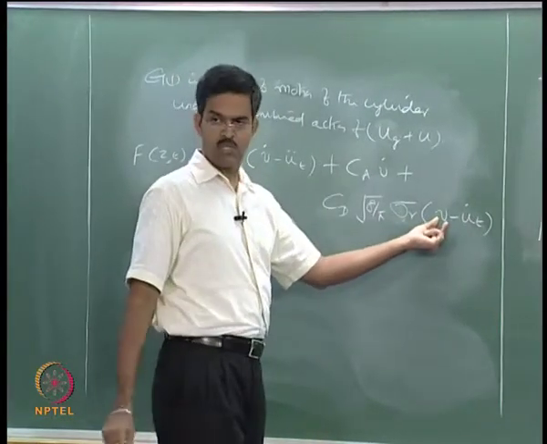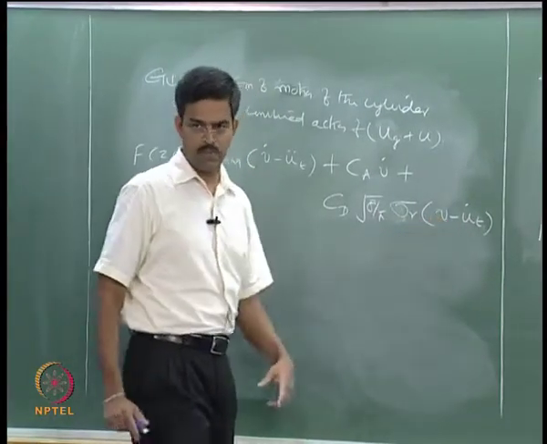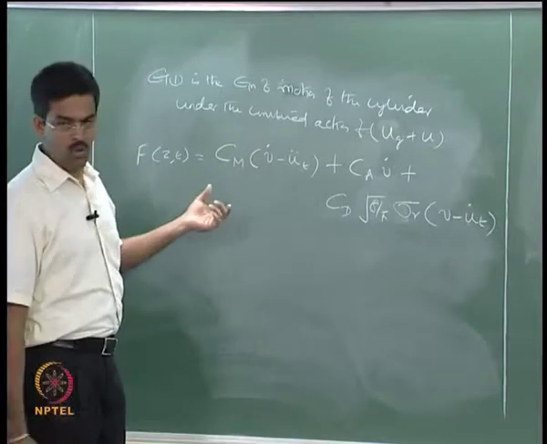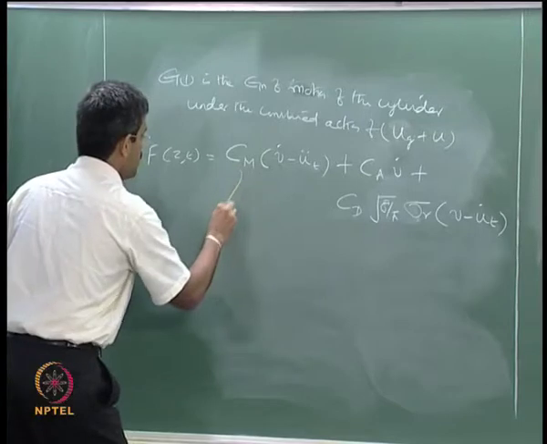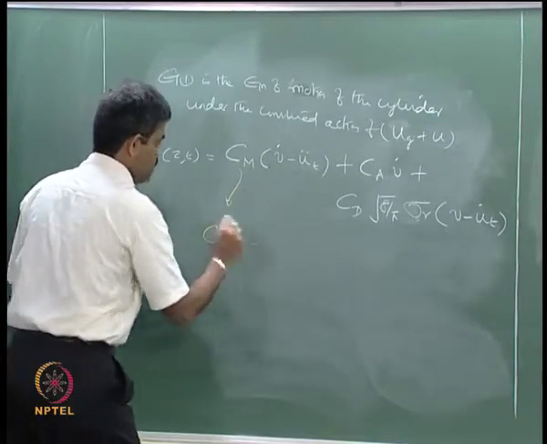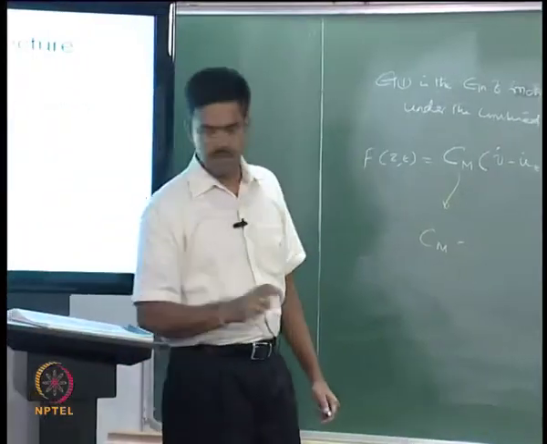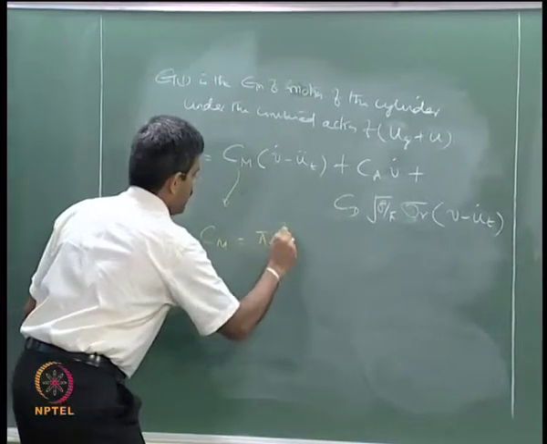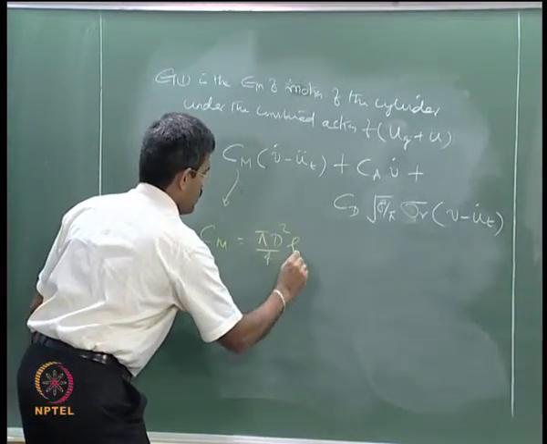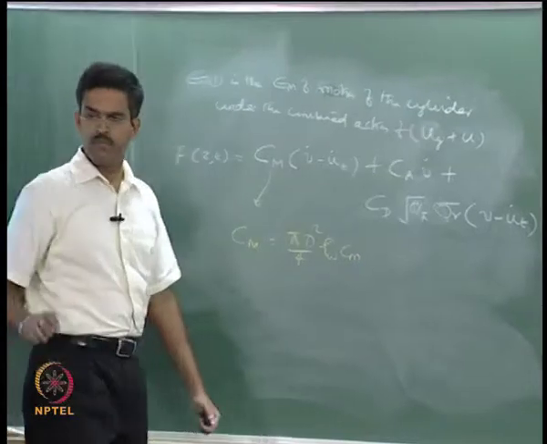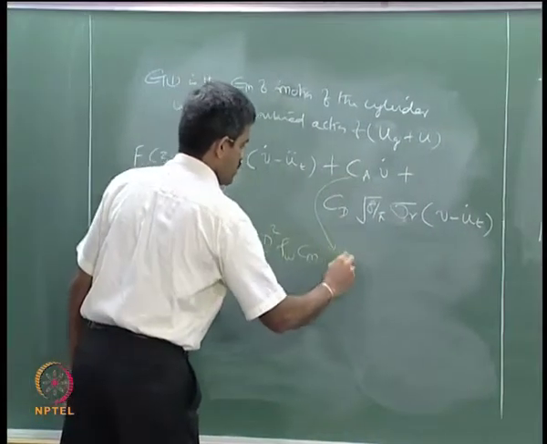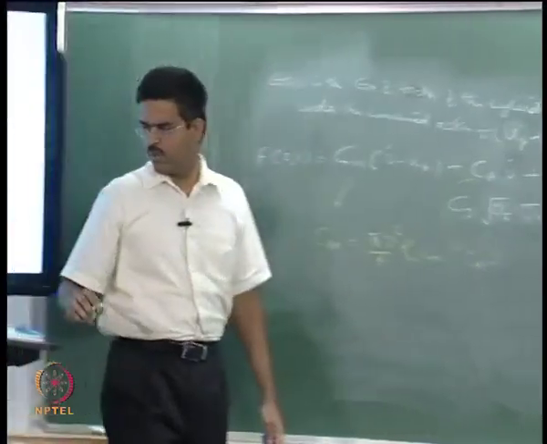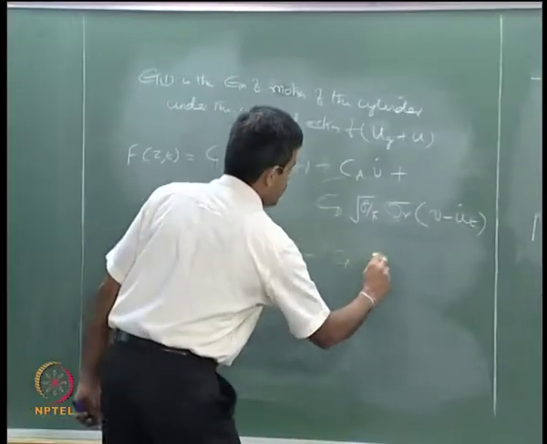V is again a velocity here, it is not displacement, and we already know that this Cm accounts for pi d square by 4 rho w Cm and the Ca accounts for rho a, is it not?